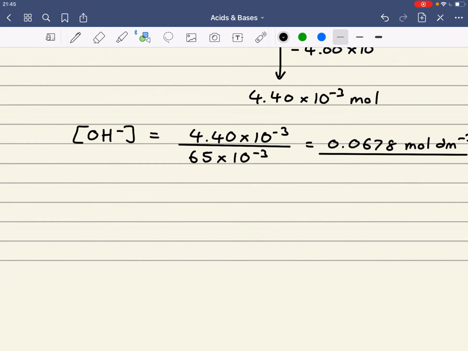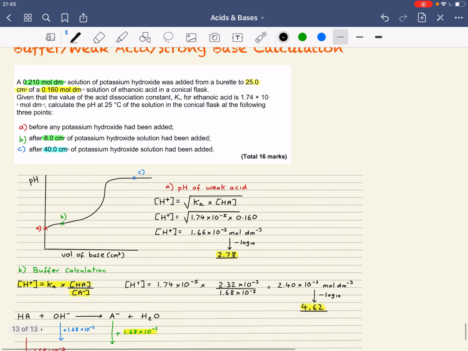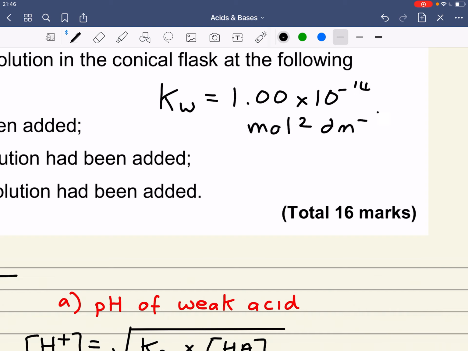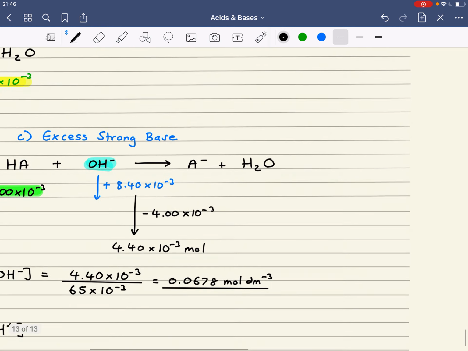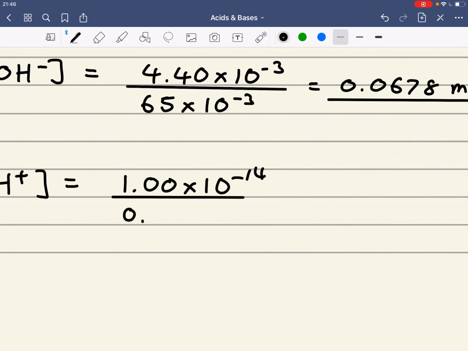What you now need to do is work out the hydrogen ion concentration, and that is equal to Kw over OH minus. Now the Kw is not given in this question, but if not given, we're going to assume that the Kw is equal to 1 times 10 to the minus 14. So Kw, 1 times 10 to the minus 14, over my hydroxide ion concentration, 0.0678.